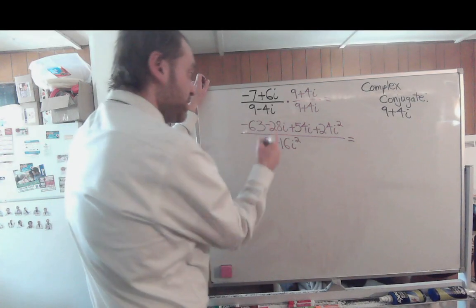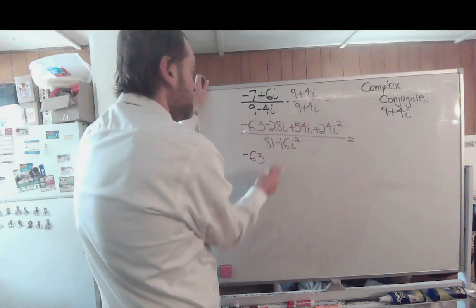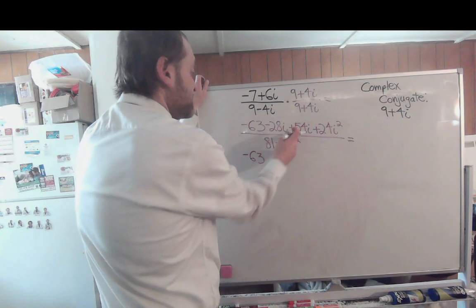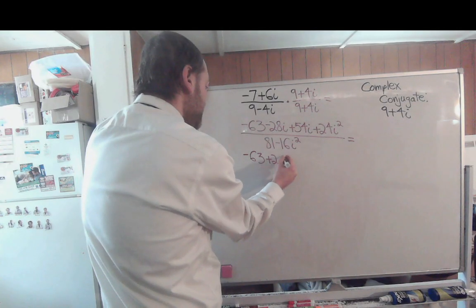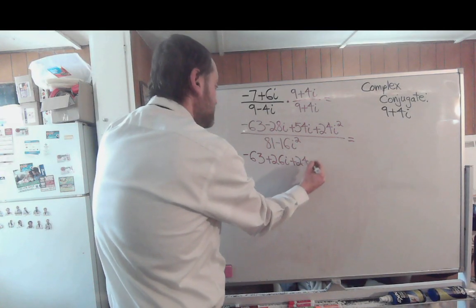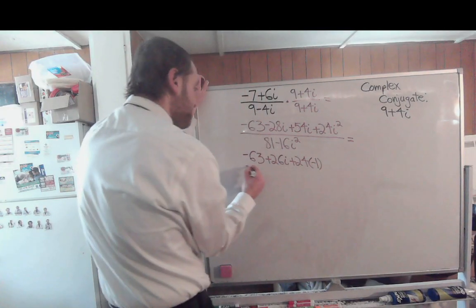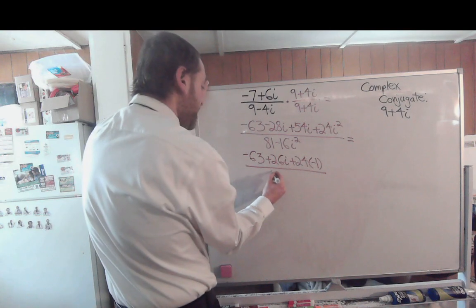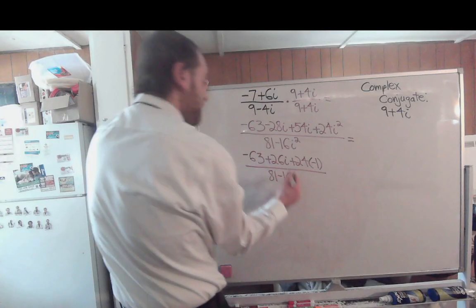All right, so in the numerator, let's simplify this a bit. You'll get negative 63, negative 28i plus 54i. That's going to be plus 26i. Plus the 24 times what is the value of i squared? That's negative 1. All over 81 minus 16 times what is the value of i squared?